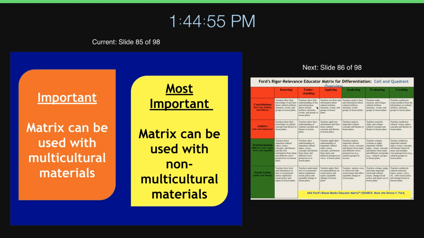But the matrix can also be used with non-multicultural material. So, no excuses. You can use material that you already have, lesson plans you've already implemented, those you plan to implement. They may not have been intended for multicultural reasons, but you should, can, must do that.